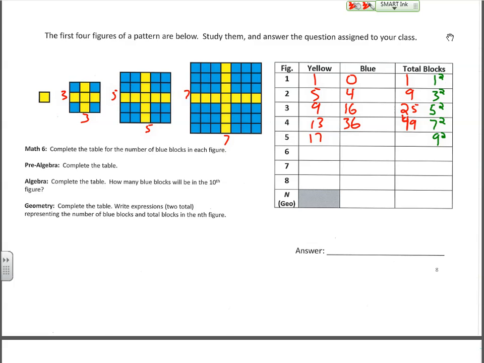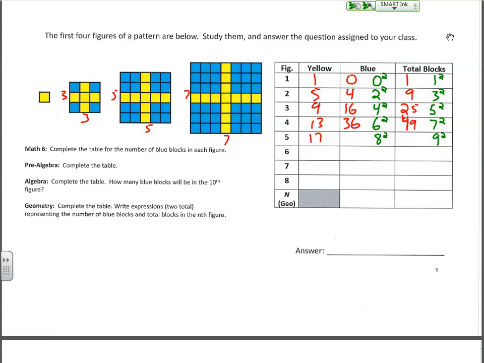And here's where the magic happened, because we recognize these numbers to also be perfect squares. 0 squared gives us 0, 2 squared gives us 4, 4 squared gives us 16, 6 squared gives us 36. And so we would predict that the next one would be 8 squared, or 64.